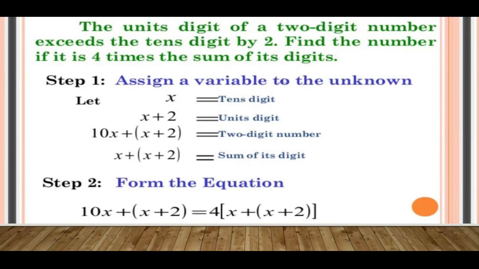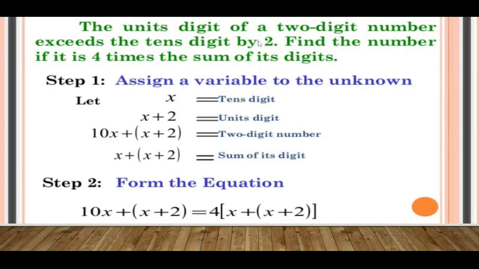The units digit of a two-digit number exceeds, that means it is greater than the tens digit by 2. Now you need to find the number if it is 4 times the sum of its digits. Okay. Before we form the equation, we need to assign the variables, right? We need to find what the variables are.